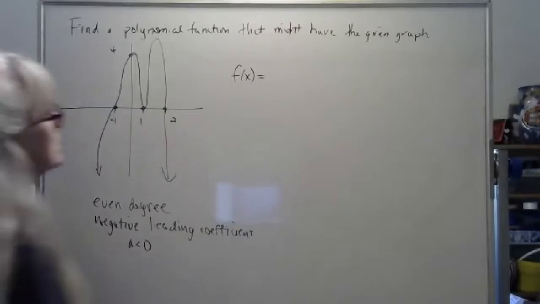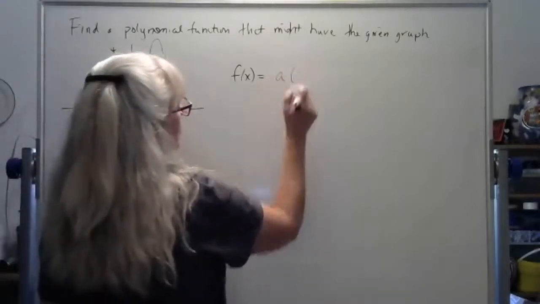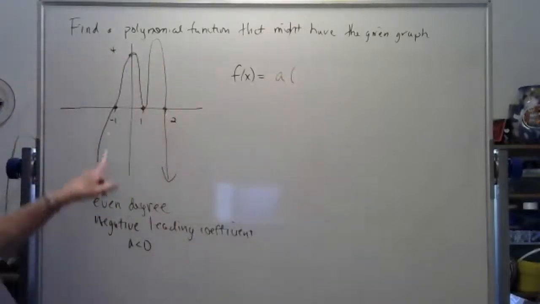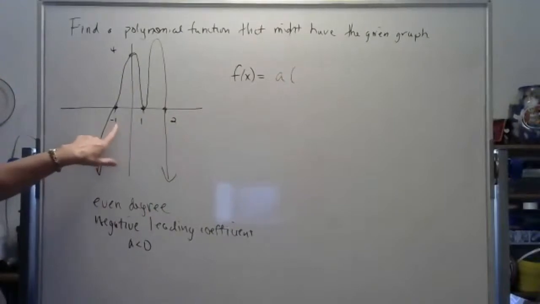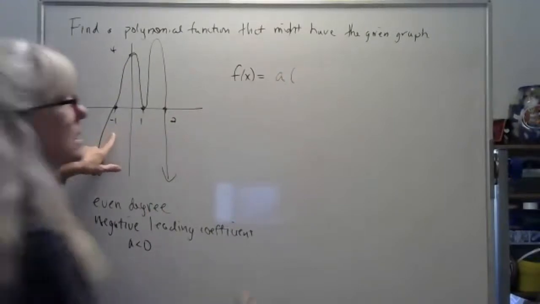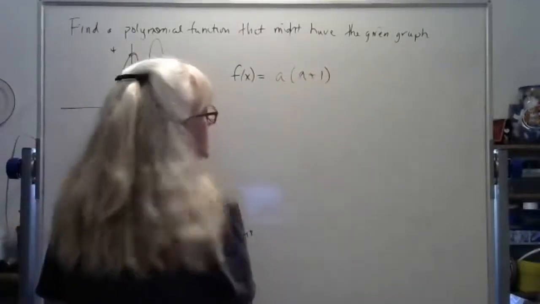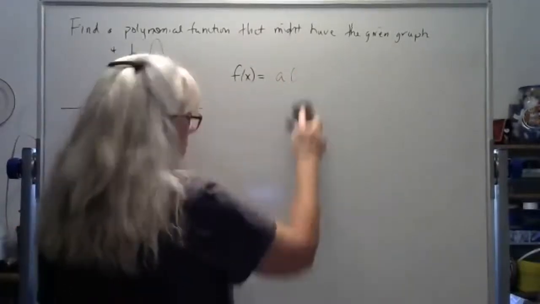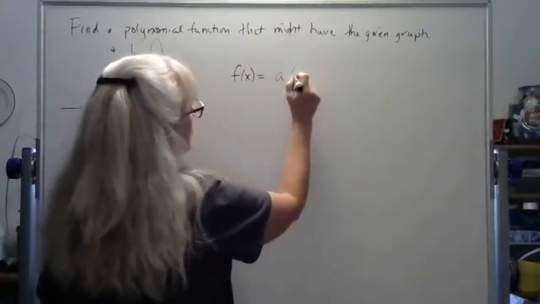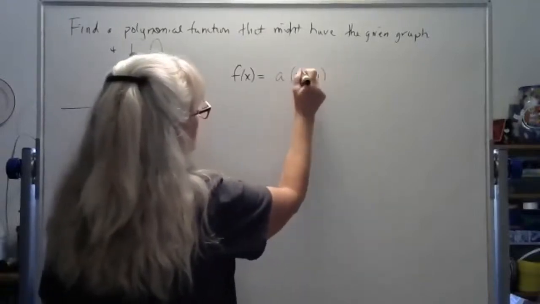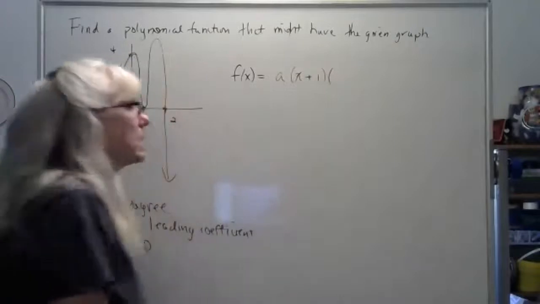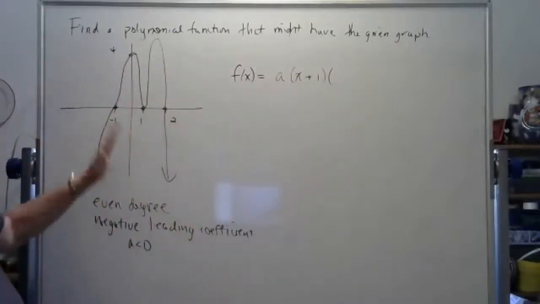So f of x is equal to, we'll put our A again in front. This x-intercept is over here at -1. So as a factor, that's going to come from an x +1. Again, notice that I switch its sign when I pull it into the parentheses or take it out of the parentheses. And because this thing is crossing, I'm going to make that a first degree.